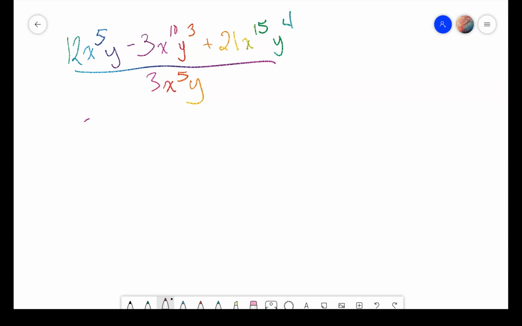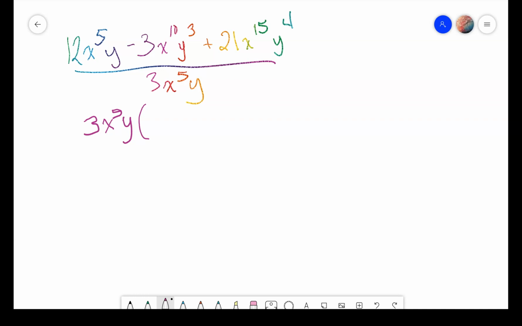So I'm going to take 3 out. And it looks like I can also take some x's out. My smallest x, which is the one I'll be able to take out, is x to the 5th power. And then the y's, my smallest y that I can take out is just a y.